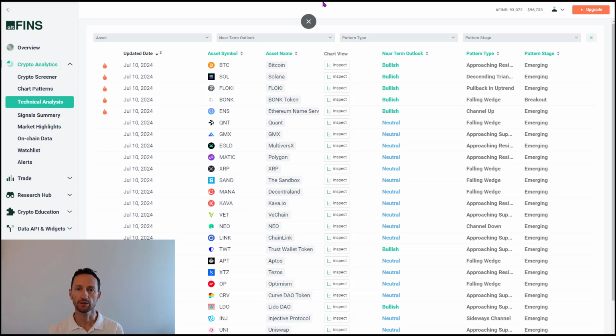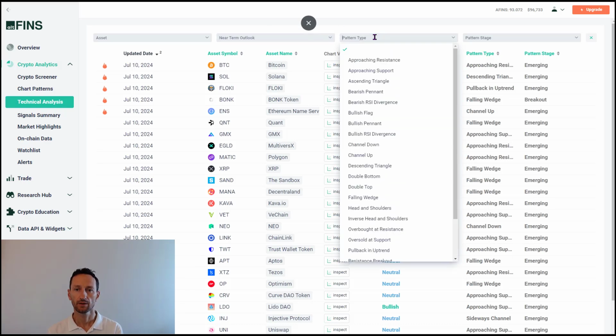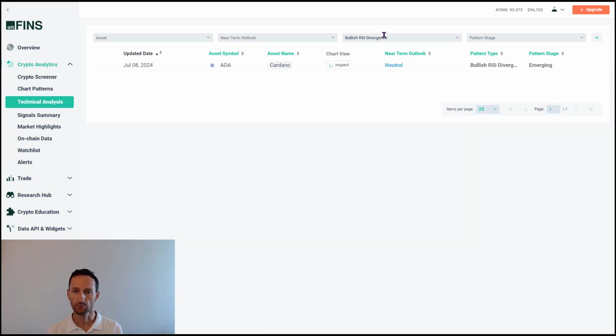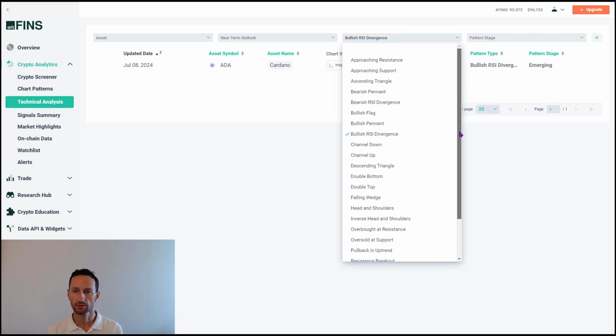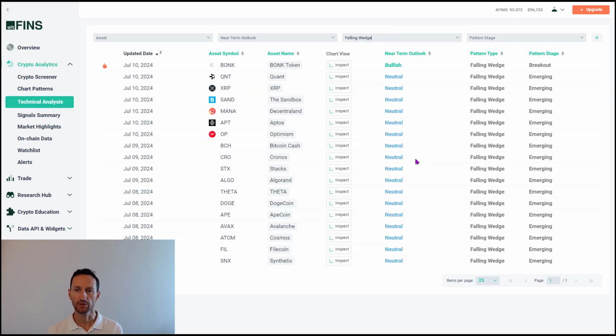Okay, and we can sort these and find the falling wedge or channel down pattern. Where is falling wedge? Oops, not this one. Falling wedge pattern right here. So there's a number of these, and that kind of confirms what the machines are seeing, that we're seeing a lot of falling wedge and channel down patterns. And so here it is, for example, BONK.